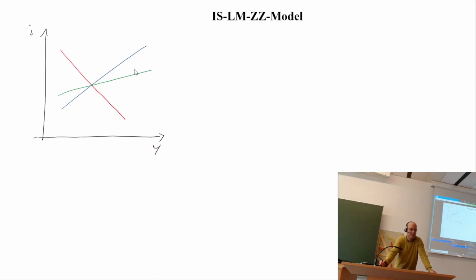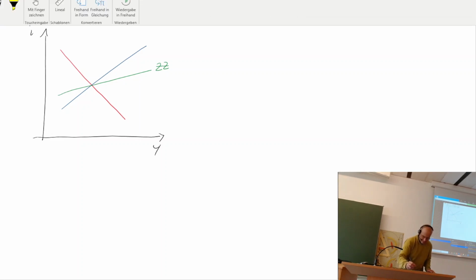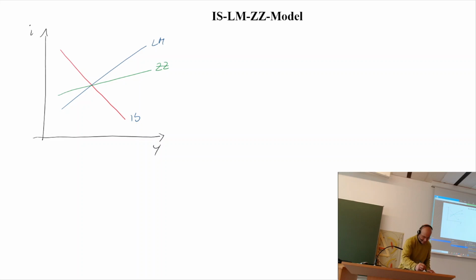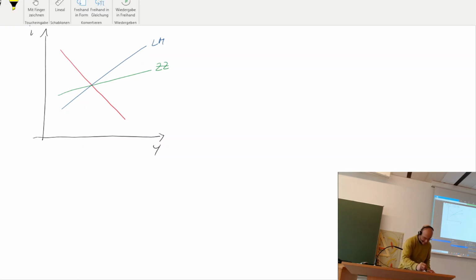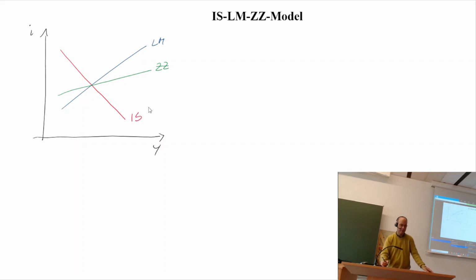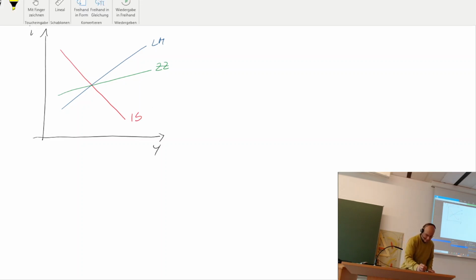In general, we assume that the ZZ curve also has this positive dependence between interest rate and income, but that it is flatter than the LM curve. So this is the LM curve, and red the IS curve.